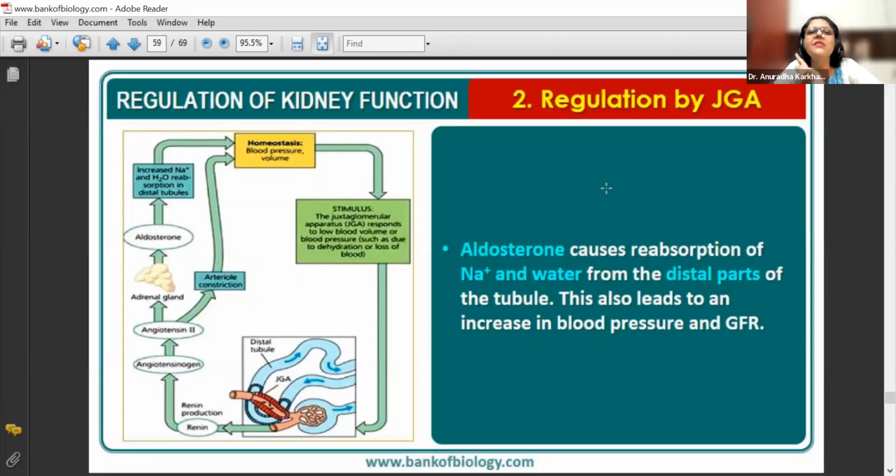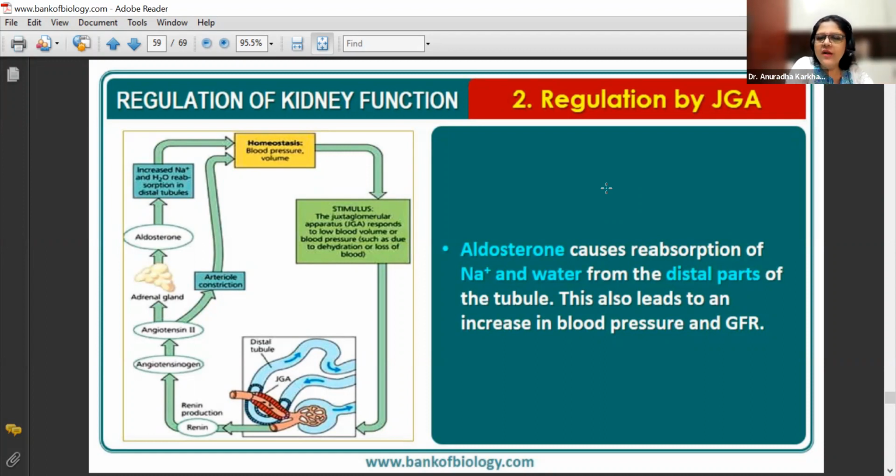So pressure is increased in two ways, beta. One is to constrict the arteries, and the other is to reabsorb more solutes, electrolytes. So because of these two mechanisms, the pressure of blood will increase for getting squeezed inside the Bowman's capsule.